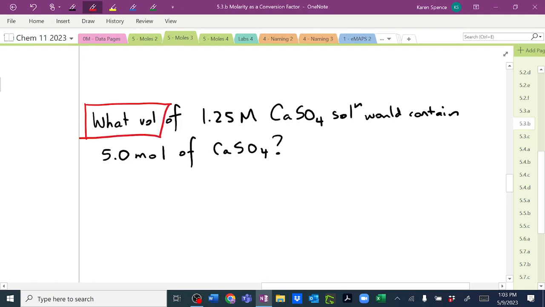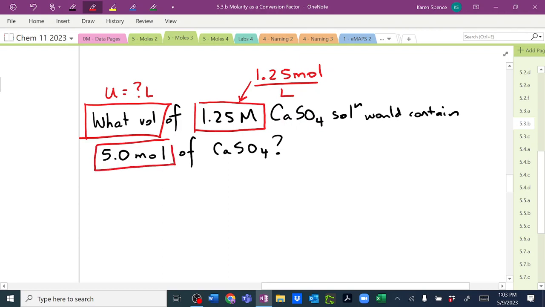What volume? So that is our unknown. What's the unit for our unknown? Liters, so we don't know how many liters. And what should we do with our 1.25 molar? We should rewrite that as 1.25 moles per liter. And then we have a third thing here, which is the 5 moles.